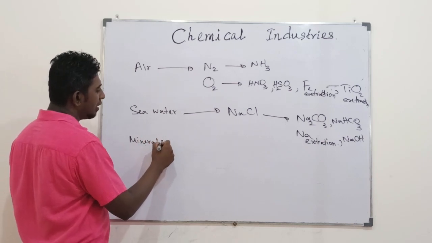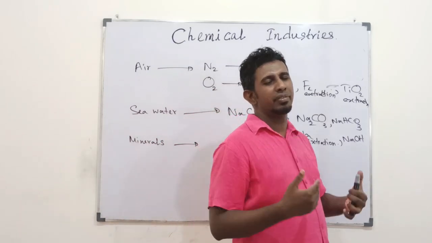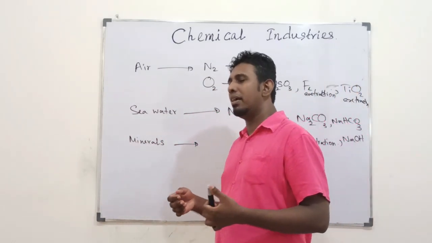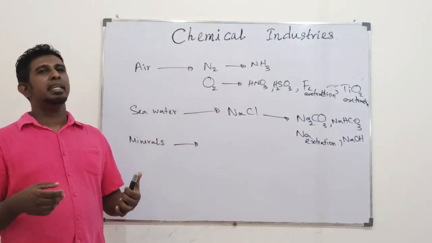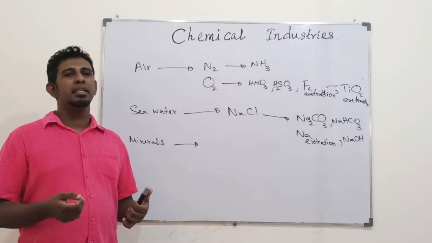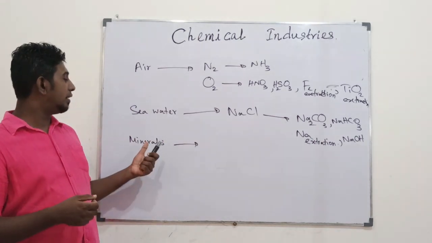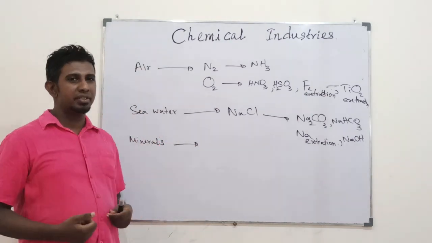So there would be some other such sources, such as minerals. You could find various metals. There are minerals like iron. Then you would find titanium, titanium dioxide, copper, such minerals. You would find such metals from these minerals.